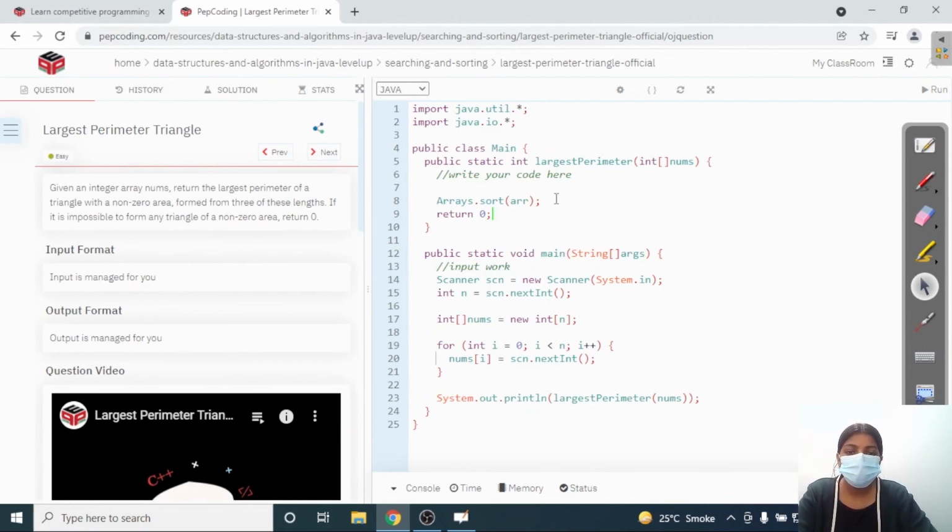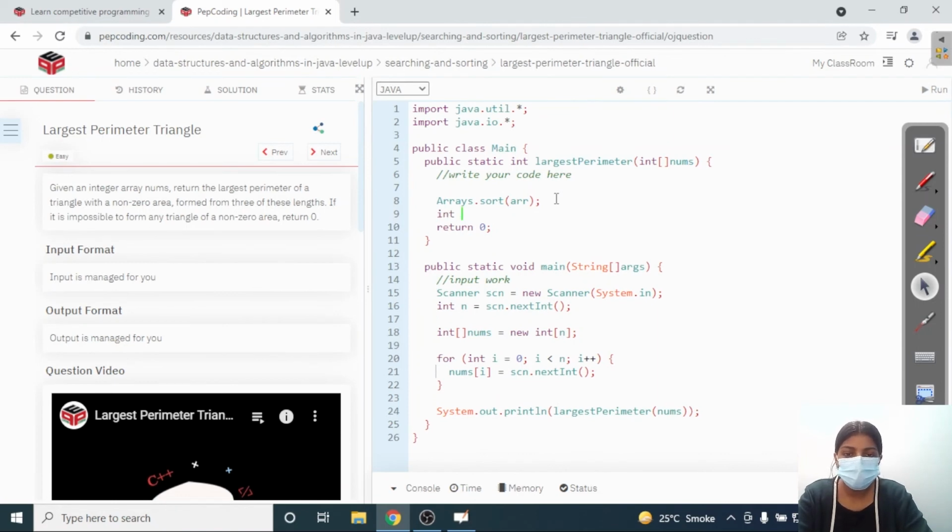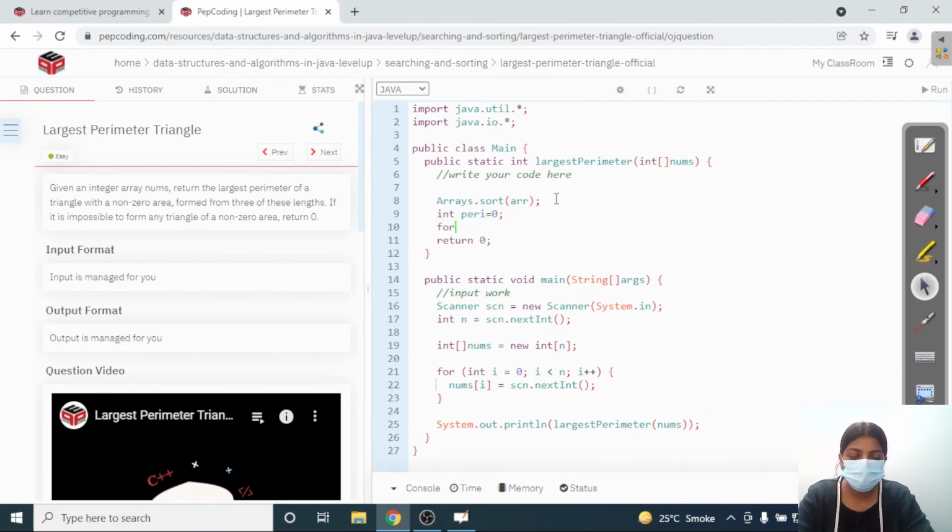Now let's make a perimeter variable, int perimeter is equal to 0 initially. Now I'll run a loop from the end of my array, for int i is equal to arr.length minus 1, i should be greater than or equal to 0, i minus 1.